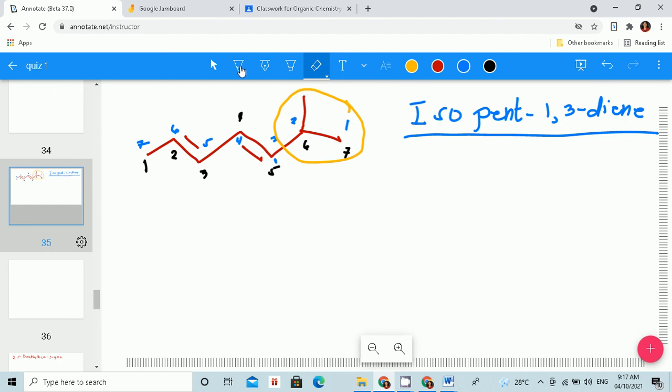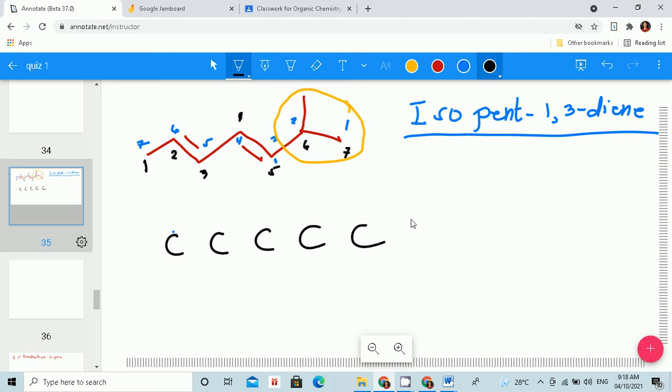And also what about the double or the condensed structure? So we will have 1, 2, 3, 4, 5. And then we have 5.